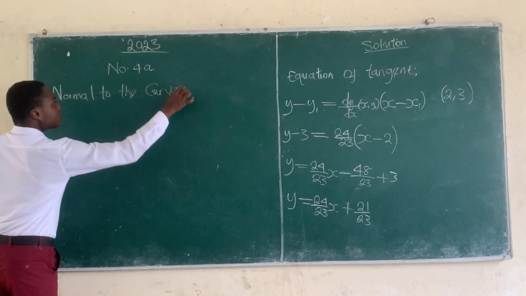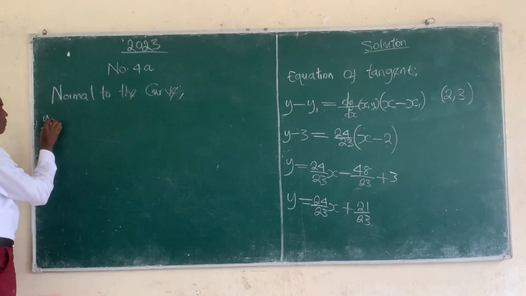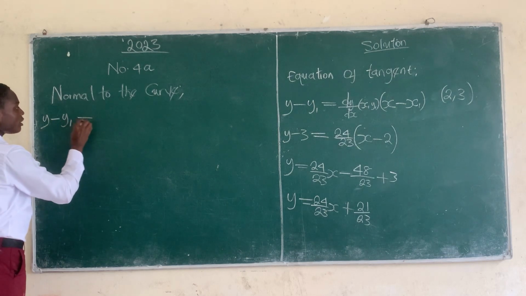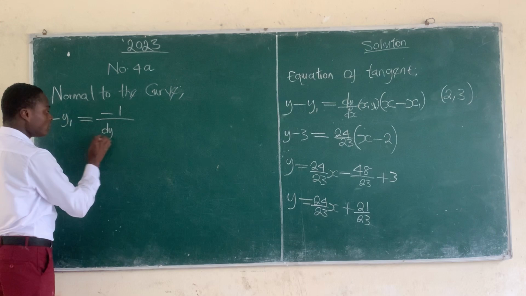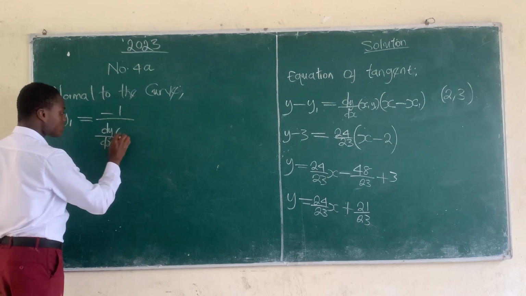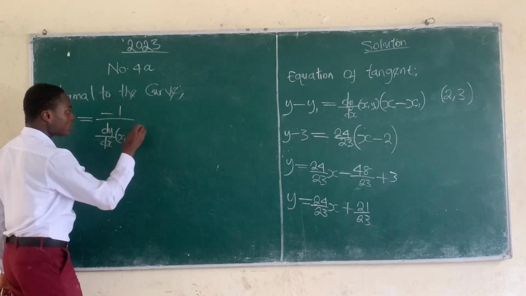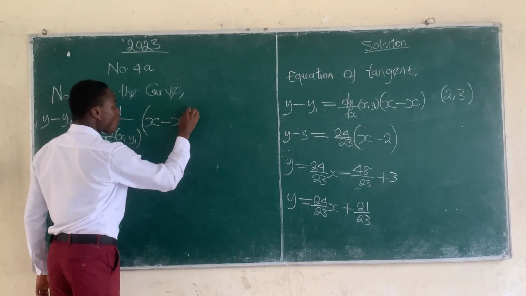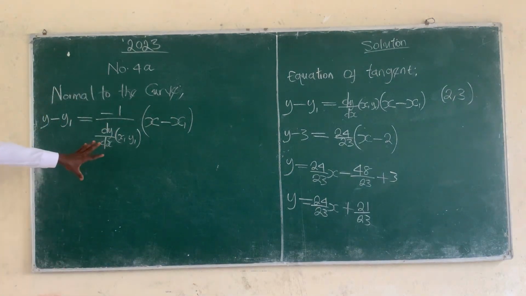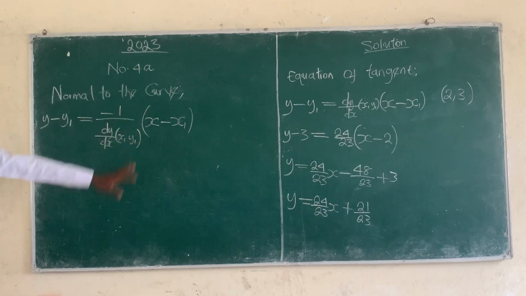Normal to the curve is given by y minus y1 equal to -1 over dy dx at (x1, y1) into x minus x1. So this is the formula we are going to be using to find the normal to the curve.